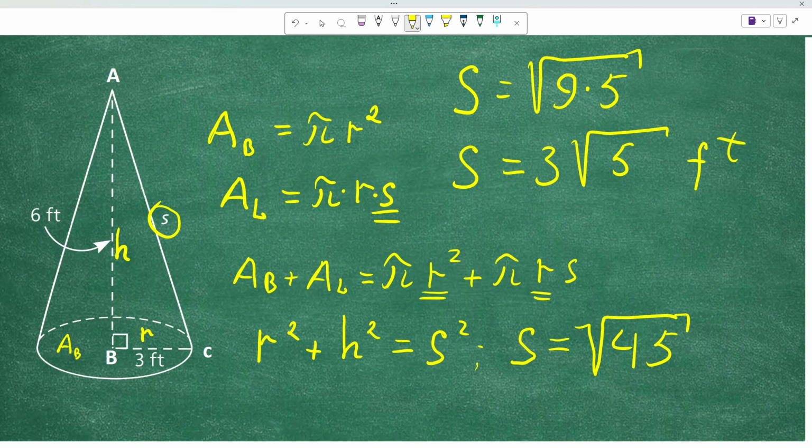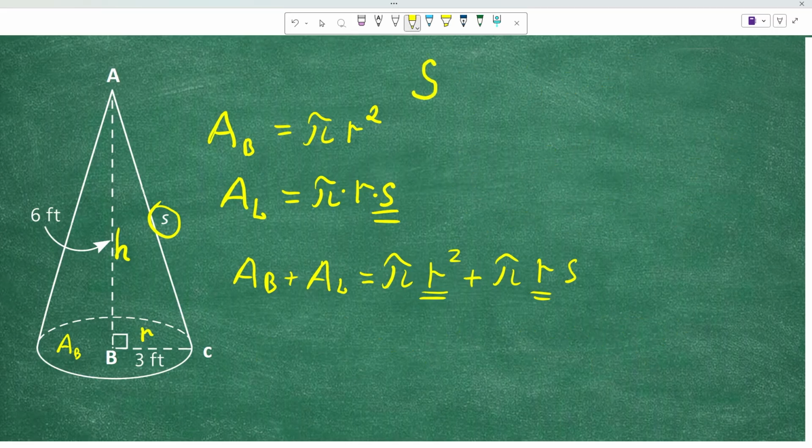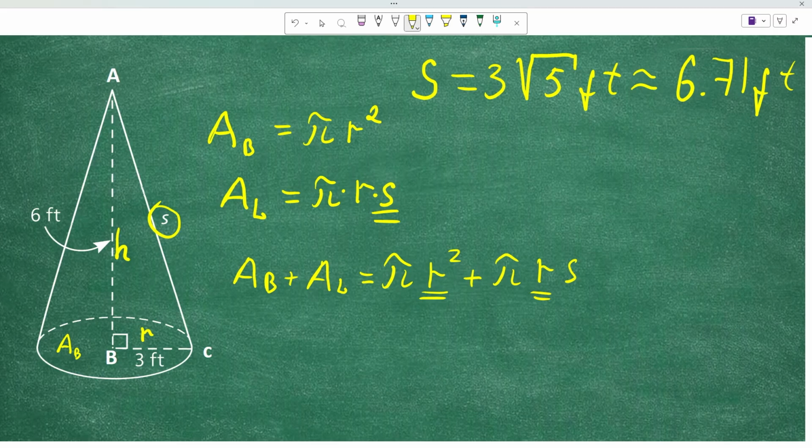If your teacher prefers decimals, plug 3 square root of 5 or square root of 45 into your calculator, and you'll get that s is roughly 6.71 feet. Well, you see, the hypotenuse must be the longest side, and 6.71 is bigger than 6. This makes geometric sense. We got it.